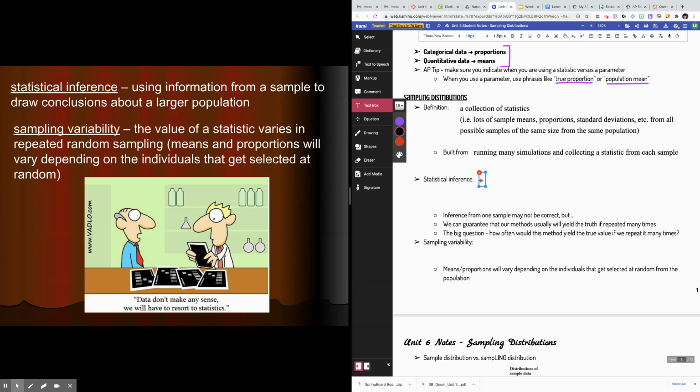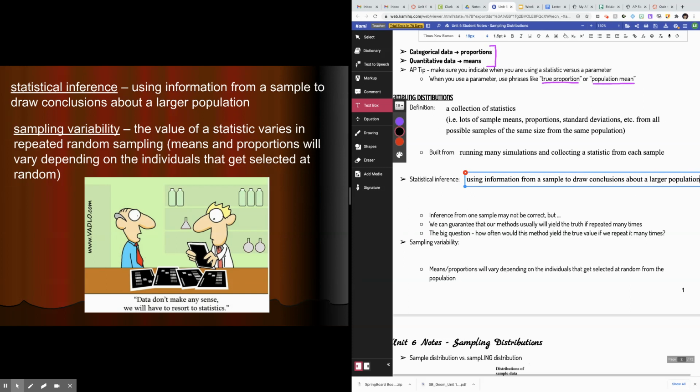Statistical inference is what we do as statisticians when we use information from a sample to draw conclusions about a larger population.